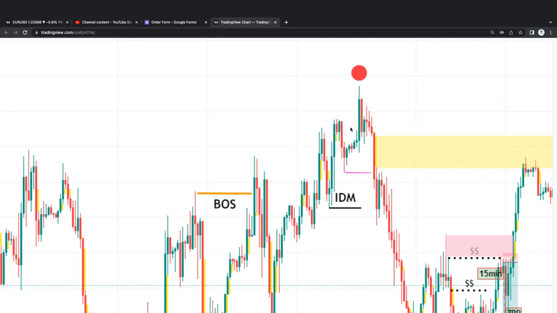A lot of people get confused here. If you can see the red candle breaks the previous high, so this is a proper pullback and then down. If you ignore this one, and if you are thinking these are all equal candlesticks, then this one is the correct inducement. But overall it is good.